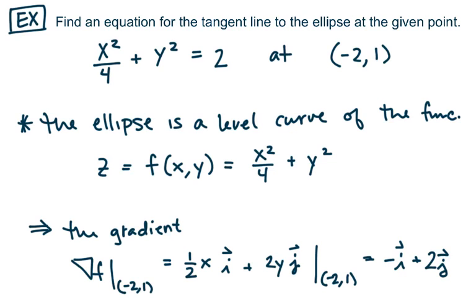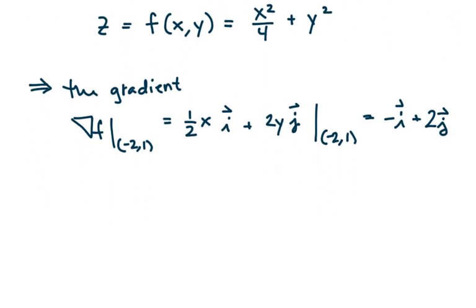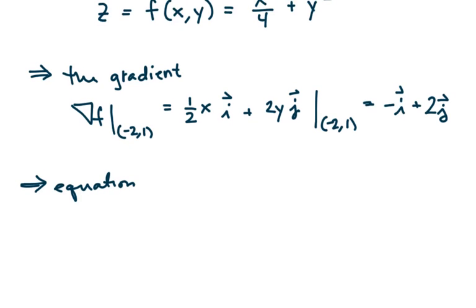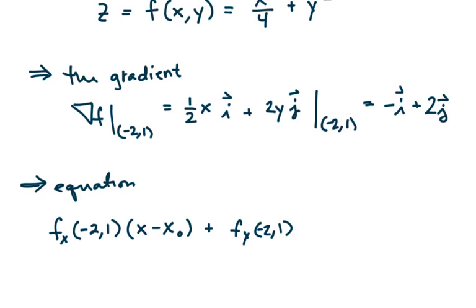So since this is not 0, we can write the equation of the tangent line. The equation of my tangent line is the partial of the function with respect to x at that point, -2, 1, times x minus that -2 value, plus the partial with respect to y at that point, -2, 1, times y minus that y value, which is 1, equal to 0.